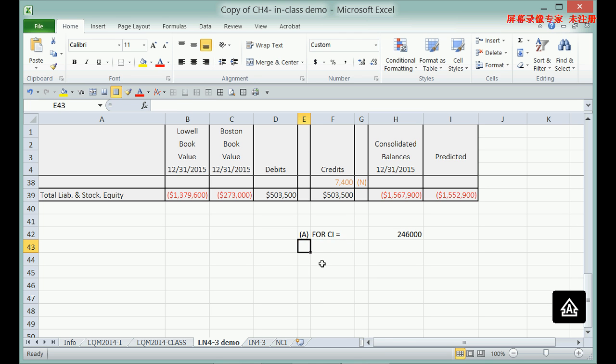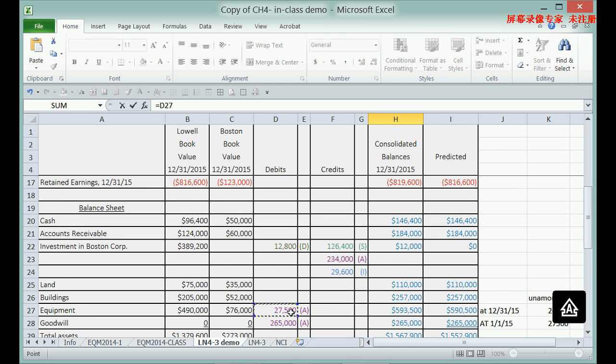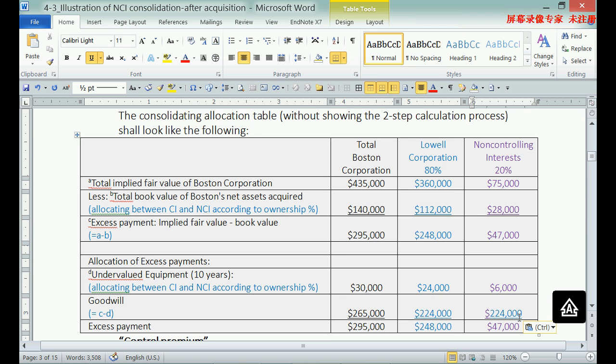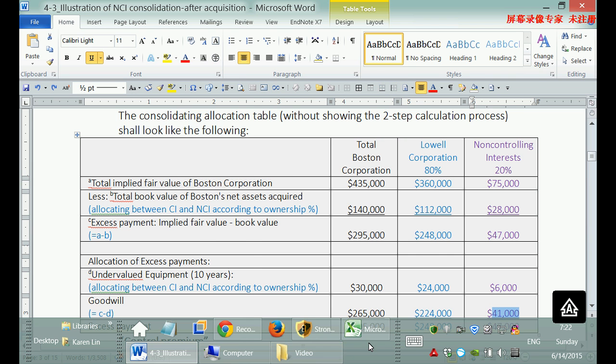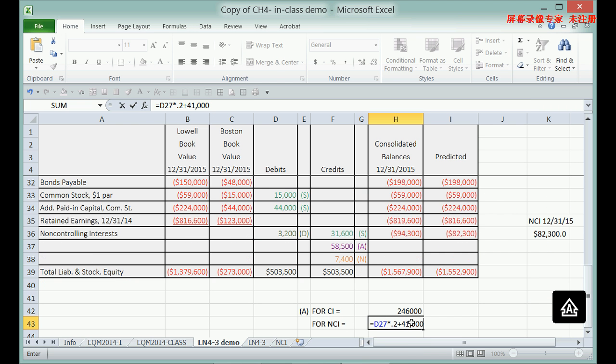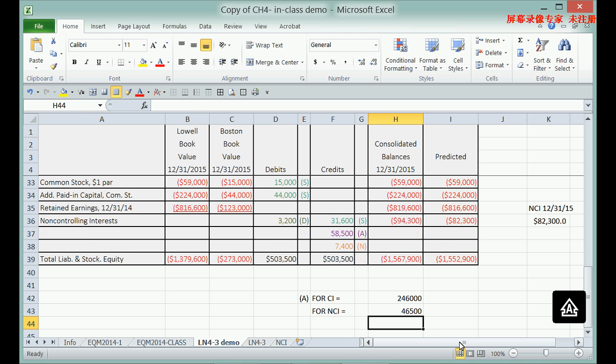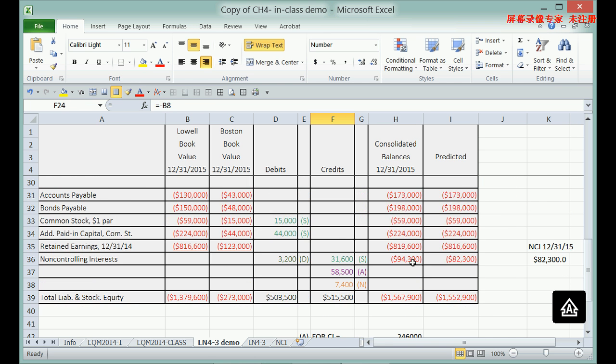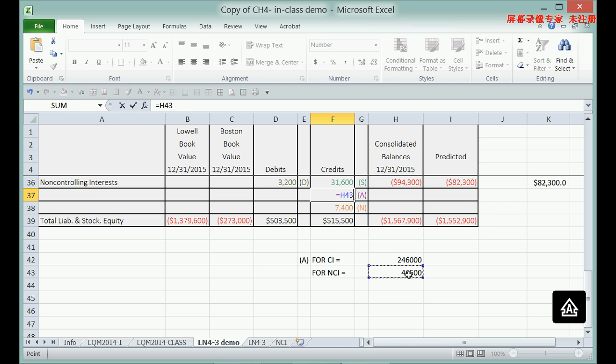And for NCI, this number equals the equipment multiplied by 20% plus NCI's goodwill. So I'm going to add the goodwill here. That's the 41. Okay, I can see now this number and this number is not the same as what I did, so I revise my answer to this and to this.